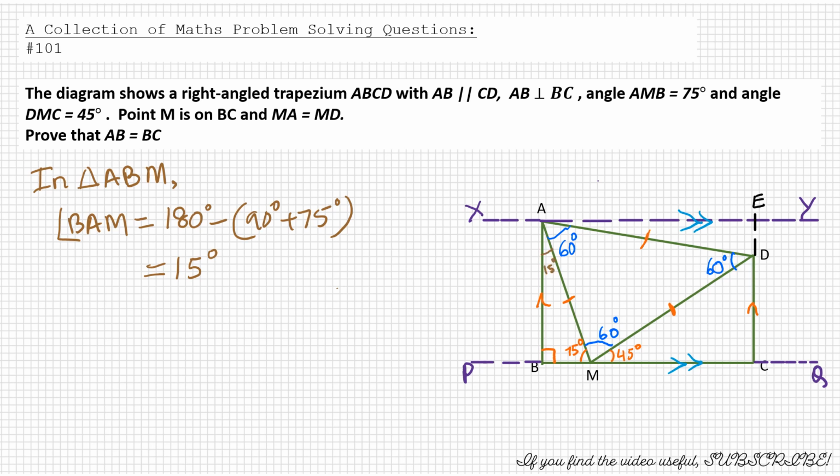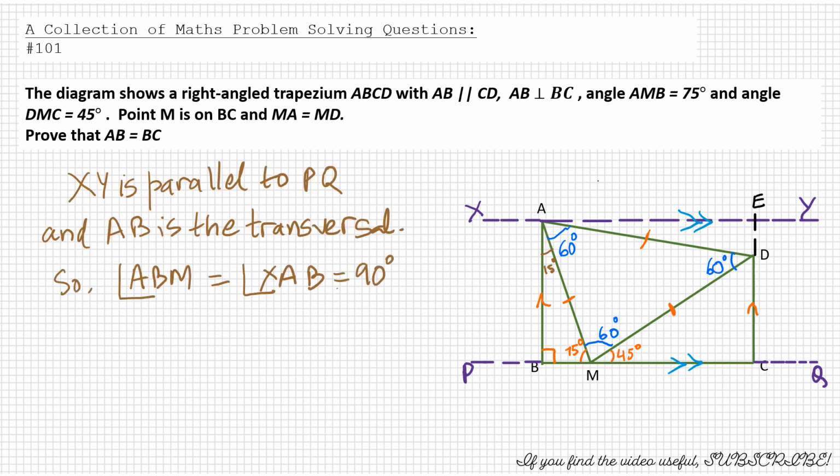Now we know XY is parallel to PQ by construction, and AB is a transversal cutting both parallel lines, so angle ABM equals angle XAB equals 90 degrees. They're alternate angles.